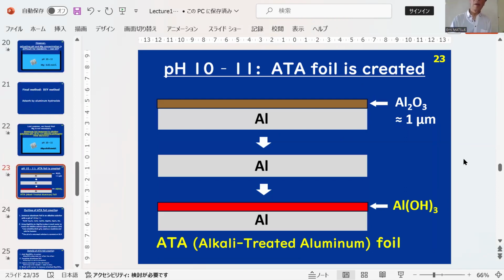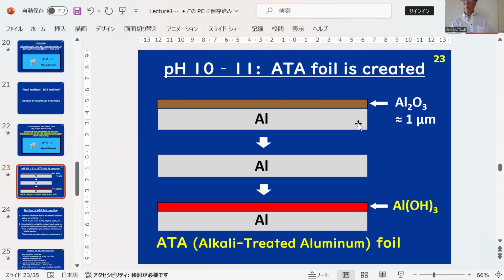This is a preparation method of ATA foil. Just the pH is important: pH 10 to 11, and 9.5 to 12 is also okay.